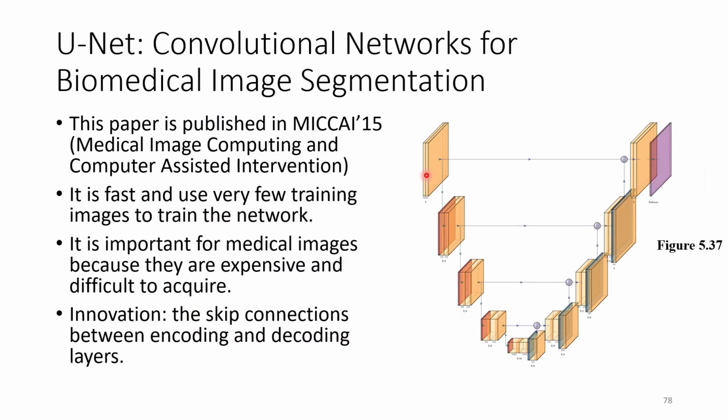The major difference is there are skip connections. It means when they generate some feature maps, they just copy and paste them to the destination. And this is the second layer. Again, it copies and pastes the feature values to the destination, and does it several times.